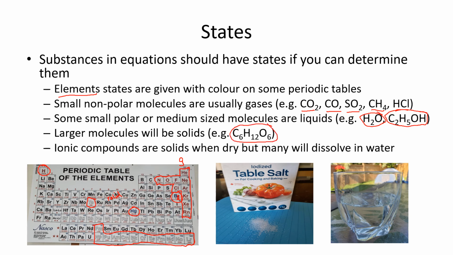And then, whether or not they're in water is another thing that you could look at to determine if it's going to be soluble or not. Likewise with ionic compounds, pretty much all ionic compounds are going to be nice hard crystalline solids until you put them into some water, and then a bunch of them will be able to dissolve and some of them won't, and we'll learn later on how to distinguish between the two.